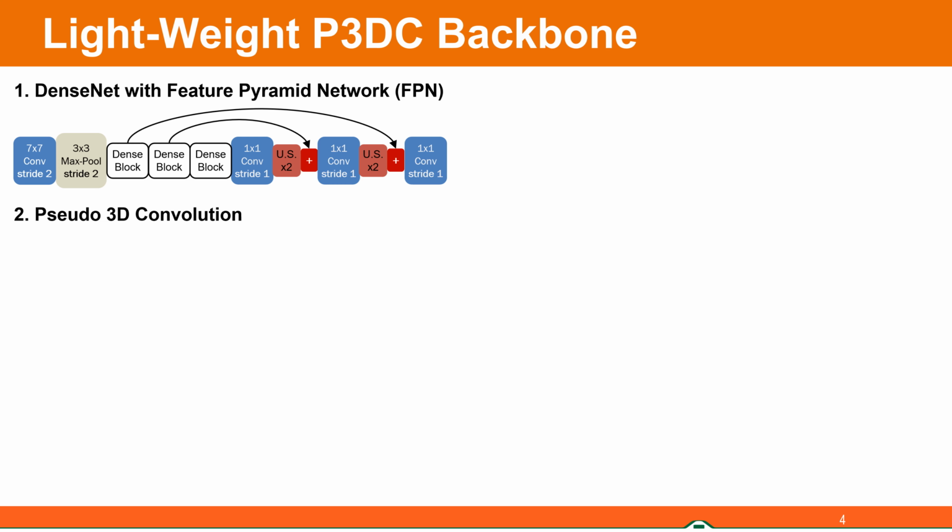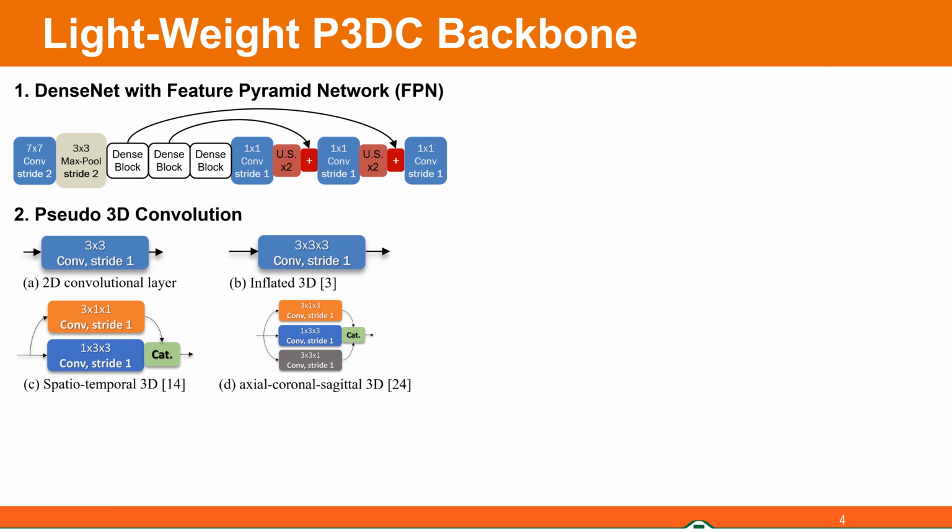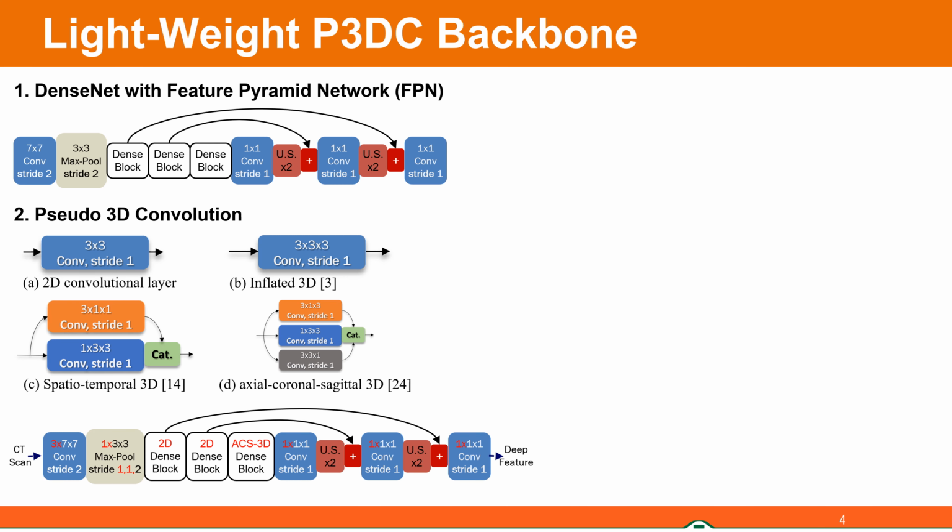We then investigate several different options for pseudo 3D convolution, which include inflated 3D, spatial-temporal 3D, and axial-coronal-sagittal (ACS) 3D. The ACS 3D requires no additional model parameters, keeping the converted model lightweight. We keep the front-end processing in 2D while only converting the third dense block of the truncated DenseNet to 3D using pseudo 3D convolution. This is because introducing 3D information at higher layers is preferred to lower layers.